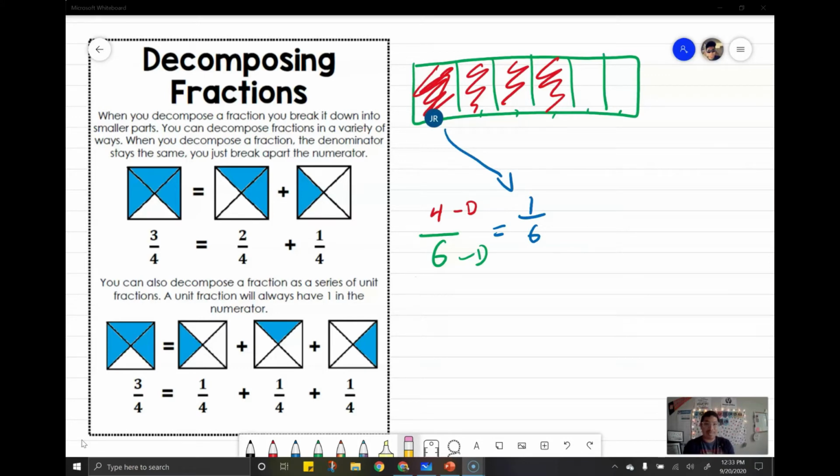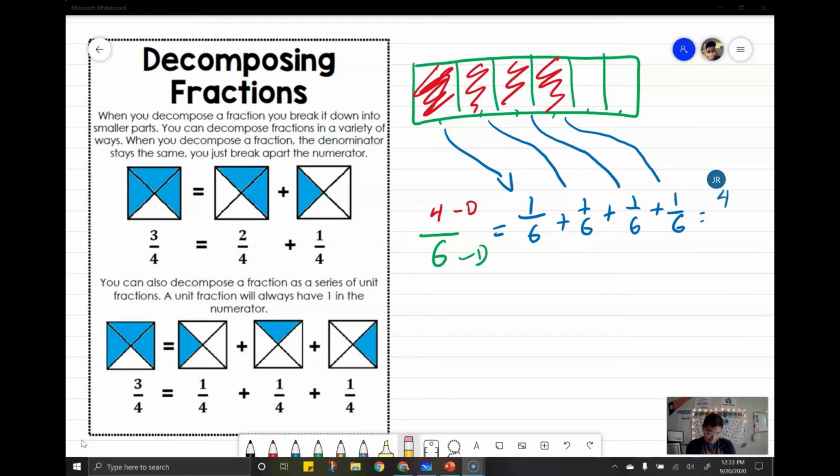I need how many? 3 more, good. So plus another 1. Plus another 1. Plus another 1. Alright, so let's see. 1/6 plus 1/6 plus 1/6 plus 1/6 equals 4/6. Good. So I broke it down into its unit fractions, okay?